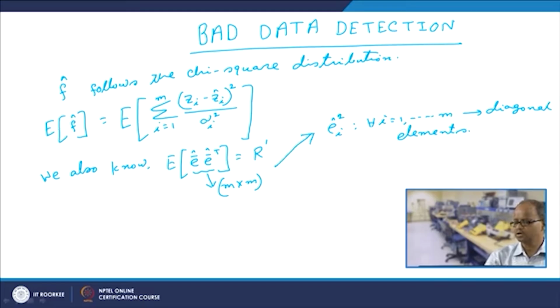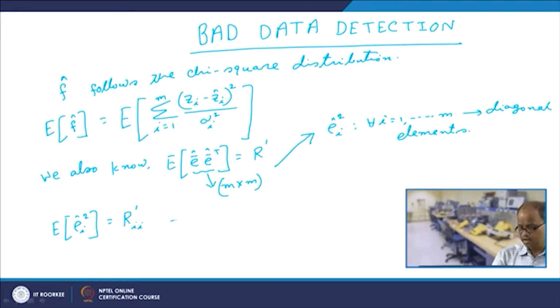So, these are all diagonal elements, and this matrix is also an m cross m matrix, that we have already seen. So, this is also a square matrix. Then we can say that the expected value of e i hat square is actually R i dash, that is the diagonal element of this.